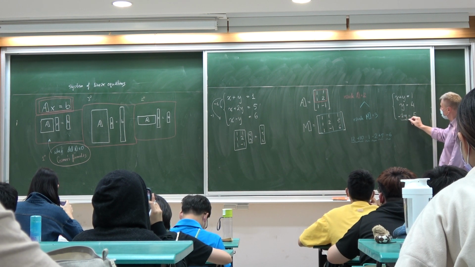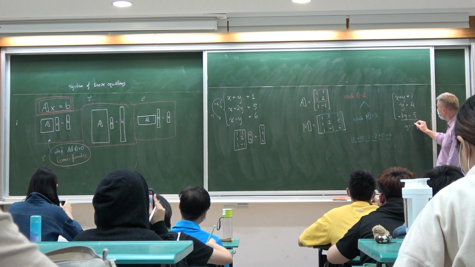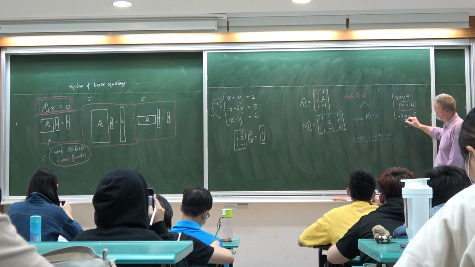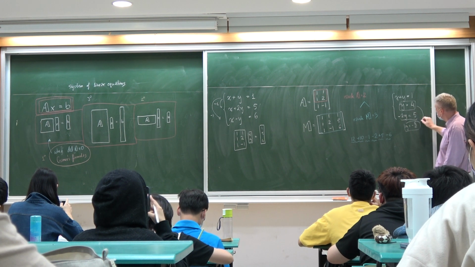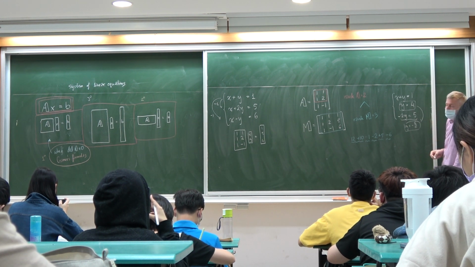Clearly that condition here gives y equal minus 5 over 2, while this condition gives y equal 4. These are contradictory conditions, so no solutions.